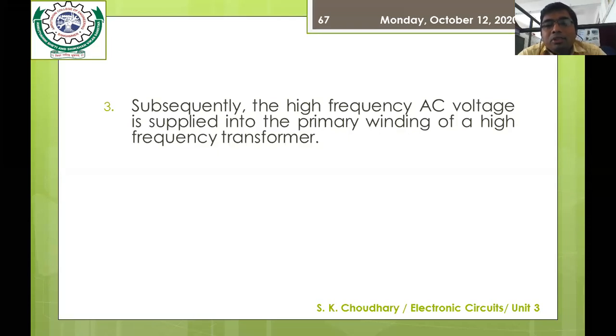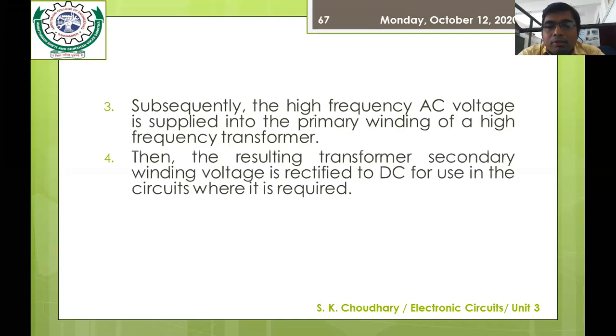After that, the high frequency AC voltage is supplied to the primary winding of the power transformer, and as a result, at the secondary winding of the transformer there would be a step down AC voltage, that would be further rectified to DC for use in the circuitry where it is required.